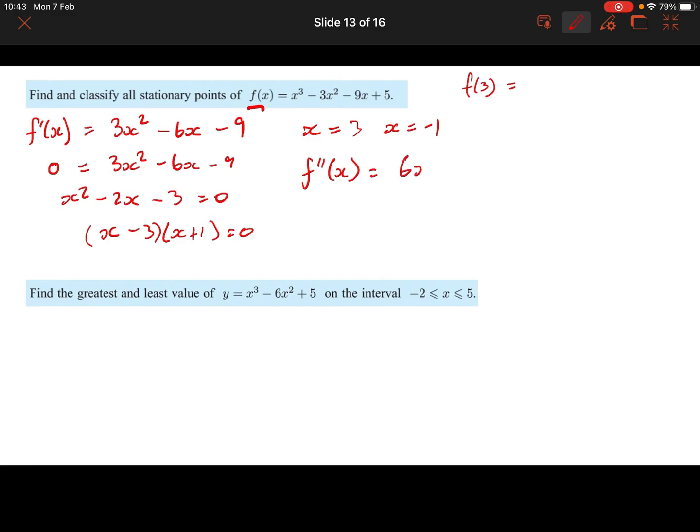It's going to be 6x minus 6. Now I look at the value of the second derivative at each x point. So f double prime of 3 is 18 minus 6, which equals 12. And the beauty of it is I know that this is greater than 0, therefore this is a minimum.